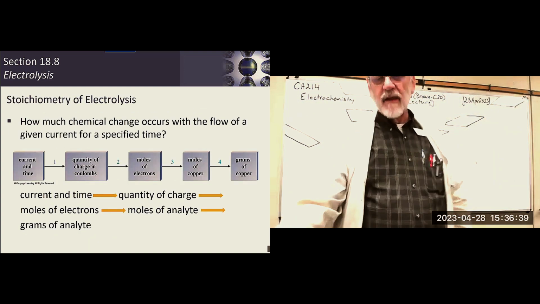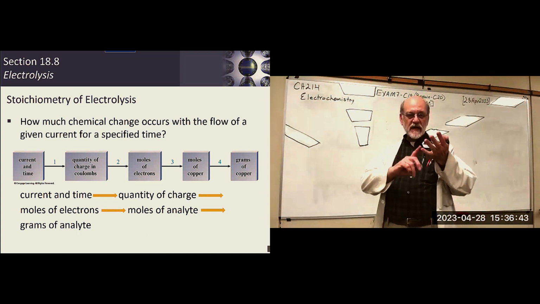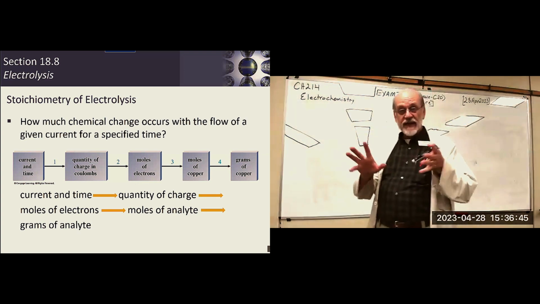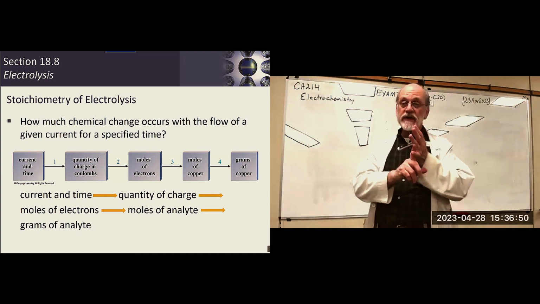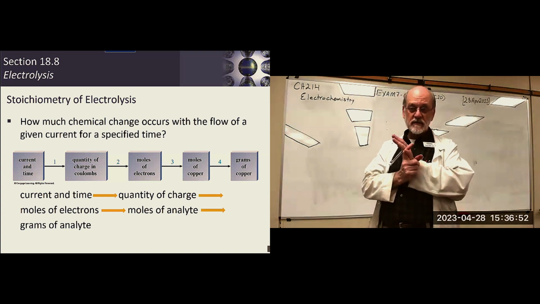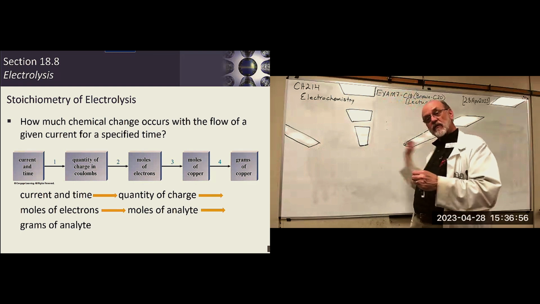All right. So if we need to do calculations for electrolysis, we need to know several things. Most times we need to know the balanced equation for the galvanic cell, because we're going to run it in reverse.